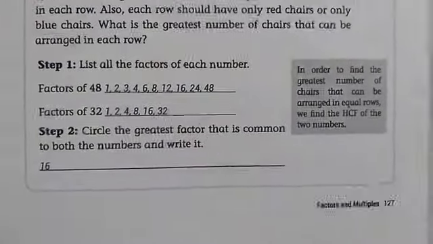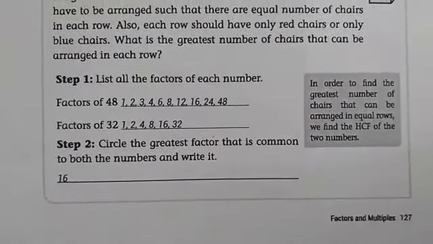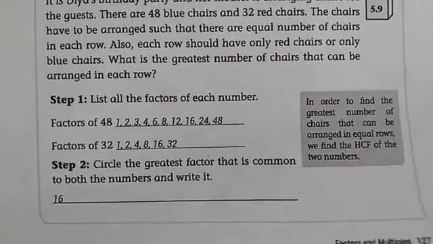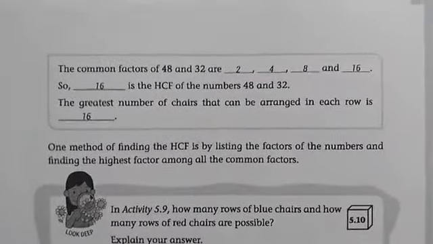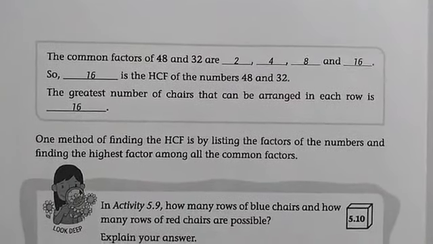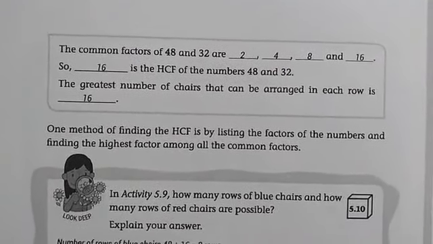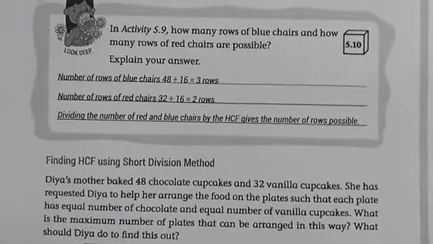Next, this one I already explained. Next. The common factors of 48 and 32. This is explained on the blackboard. Next, this one.